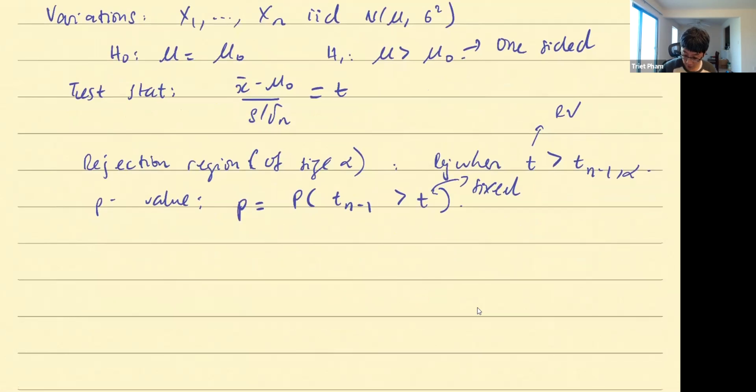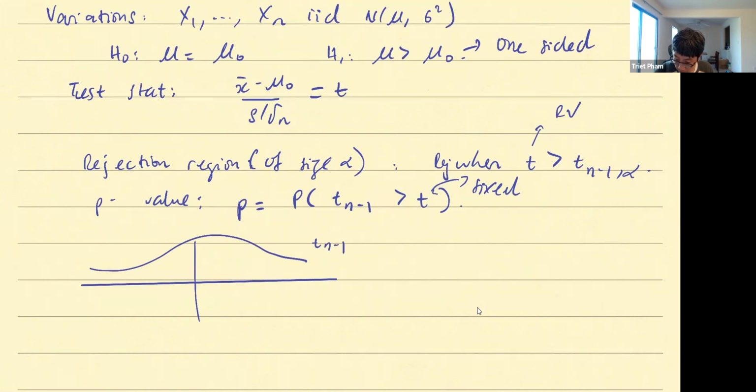It's sort of the same kind of picture. So this is a t distribution. The first question says that this is t(n-1, alpha), and you search for the t value. If the t value is here, then you don't reject. If the t value is here, then you reject. This is the rejection region approach.